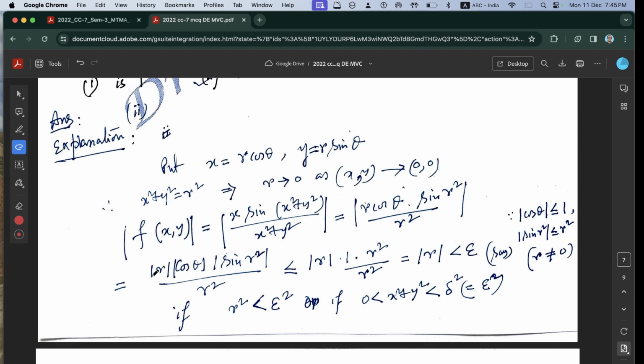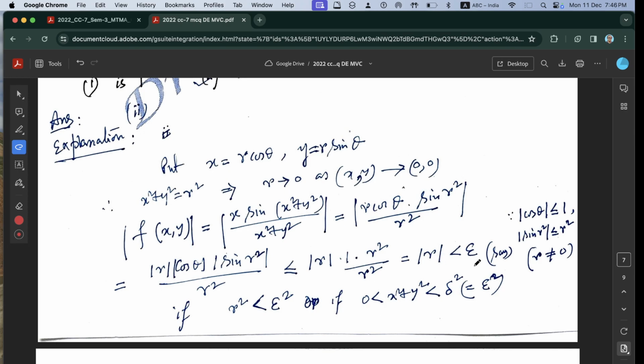So this equals mod r, mod cos θ, mod sin(r²), and since r² is positive, this is r². This is less than or equal to mod r, since mod cos θ is less than or equal to 1, and mod sin(r²) is less than or equal to r², divided by r². Since r² is not equal to 0, we cancel r², so this is equal to mod r.